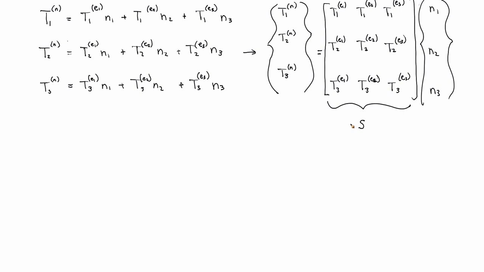The superscript is the face that the vector is coming from. The subscript is the component, the direction.